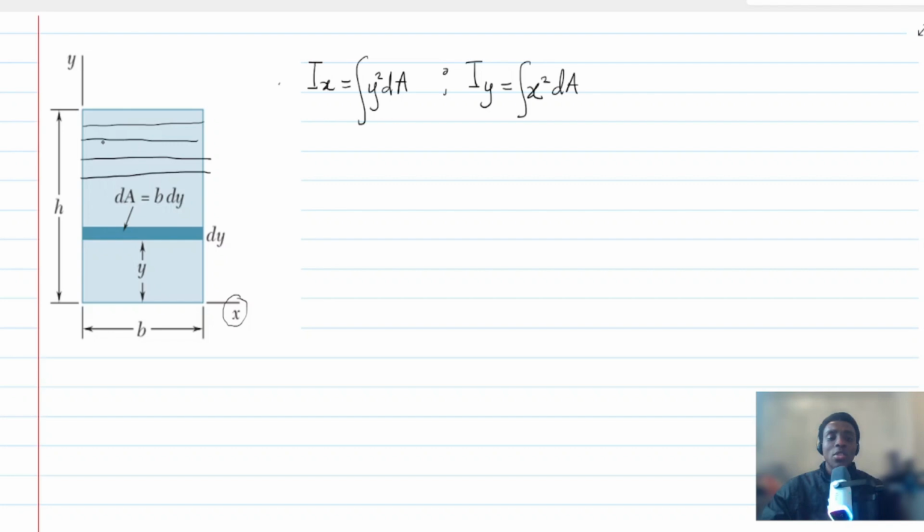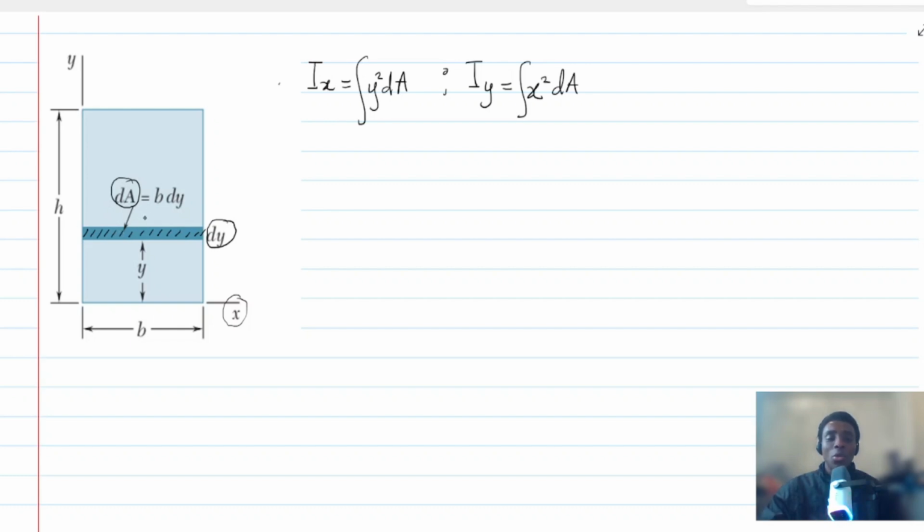These small elemental strips can be taken as elemental areas which have been stacked up together. We can take one of the elemental areas and call its thickness dy, and dA is the area of the element.